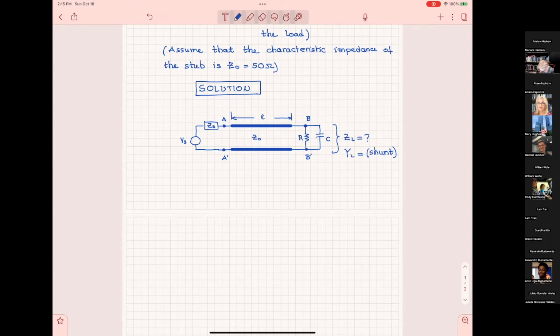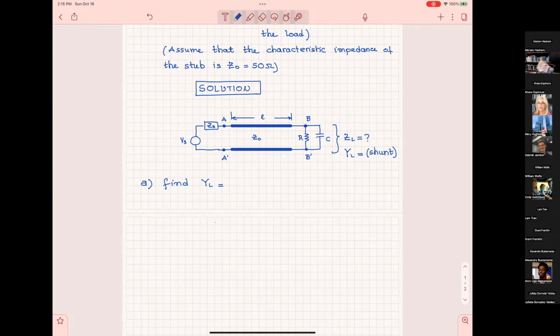Okay, so how much is YL? So first of all, step one, small a, find YL. And YL is going to be the parallel combination of a reactance and a conductance, which is a sum.